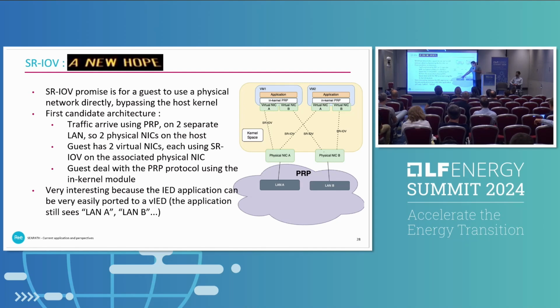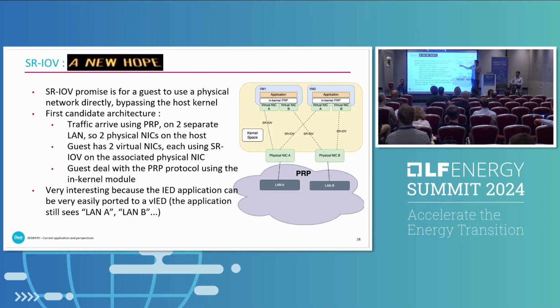For that, we imagine the hypervisor will be the one connected in PRP to the two networks, and then every VM that needs access to this PRP network will just have to plug in a virtual function to virtually plug to the adapter. Basically, every VM will have one virtual card on the physical: the virtual port A will be on the physical card A, and B would be on B.